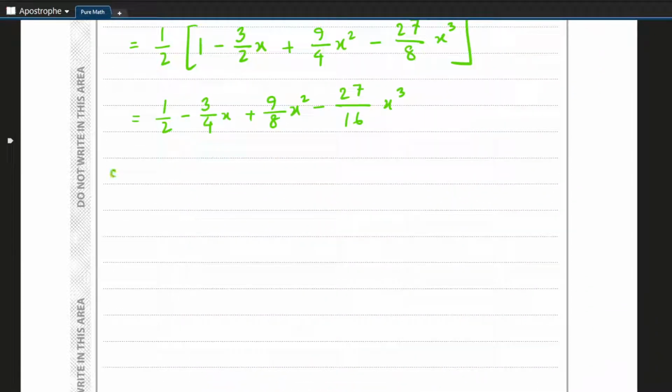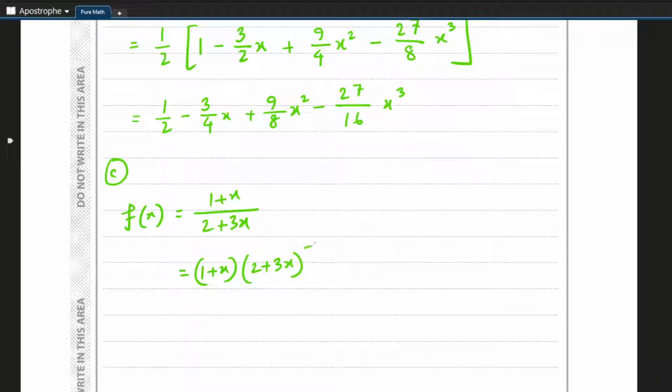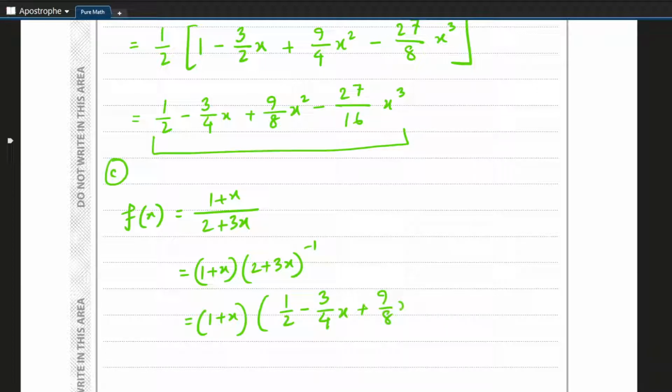For c, f of x is equal to 1 plus x multiplied by 2 plus 3x to the power minus 1. This whole term is basically half minus 3 over 4x plus 9 over 8x squared minus 27 over 16x cubed.